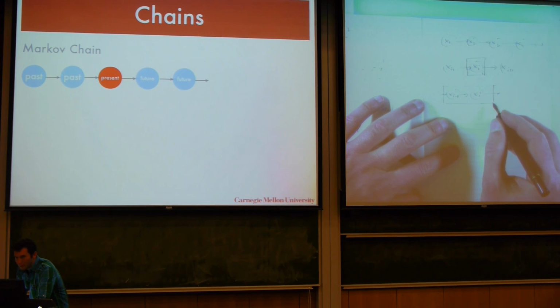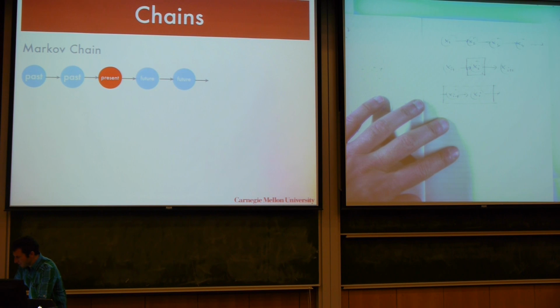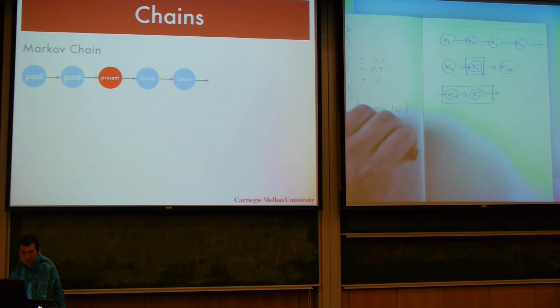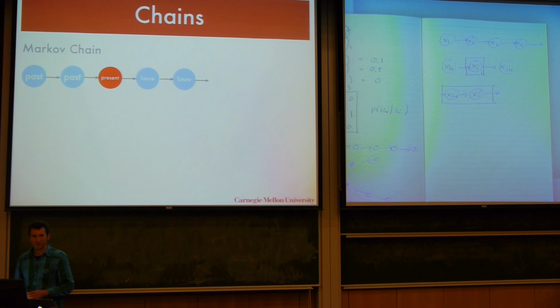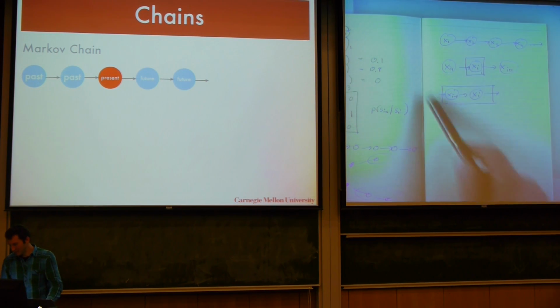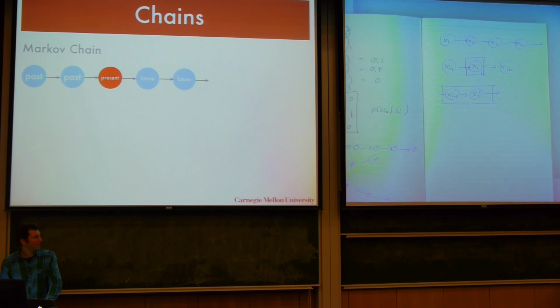So in other words, this plate notation, while it's very useful, doesn't always give you a very clear formal definition of things. So in many cases, once you need that, you're better off just reverting back to equations. But it's a very easy way of sketching what you mean in terms of dependencies between random variables.